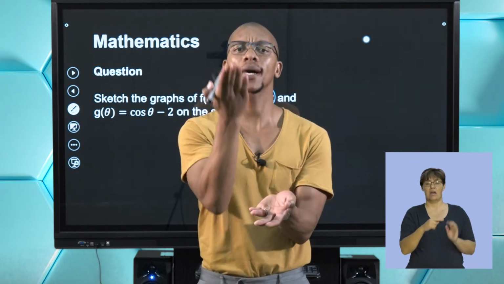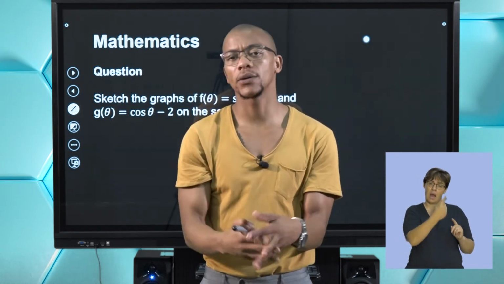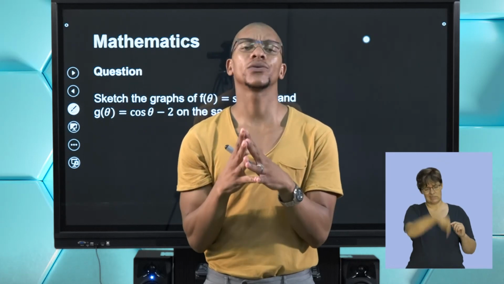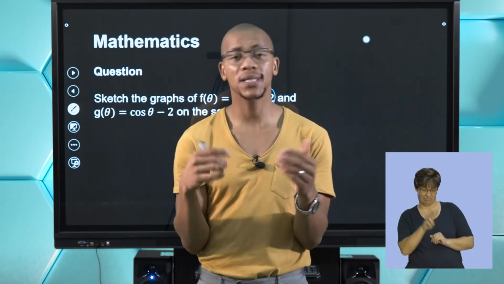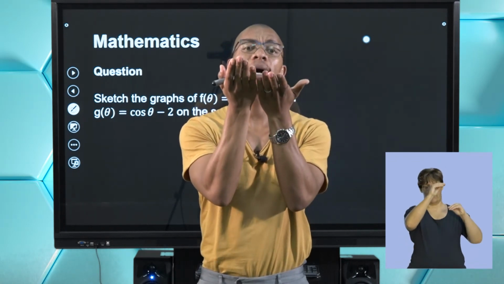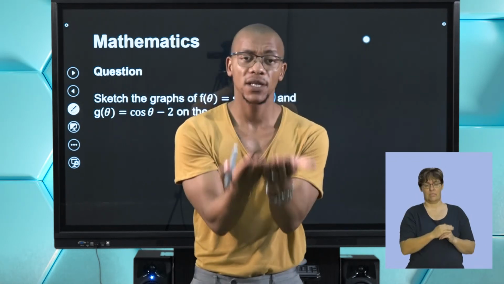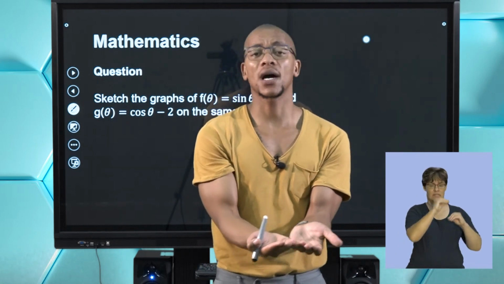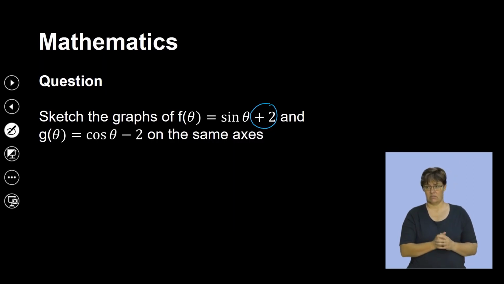So going up, it's plus 2, going down, it's minus 2. That's what you will really need to look at. So in simple terms, the sine graph is shifted 2 units upwards. The cos graph is shifted 2 units downwards. So you need to think about that.